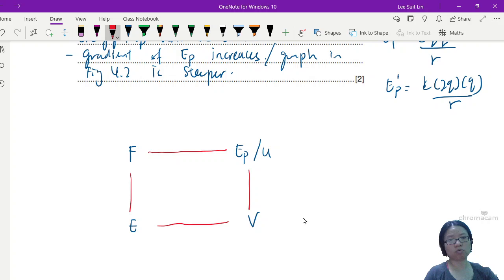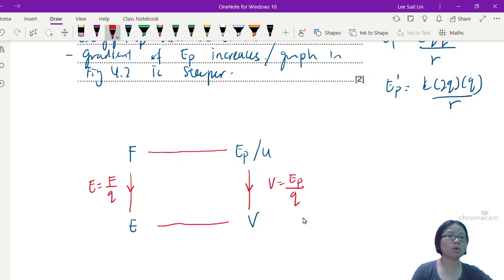For example, from here to here, E is equal to F per unit charge. In the same way, going down, V is equal to potential energy per unit charge. That's why we say F and E are directly proportional, and V and EP are directly proportional.